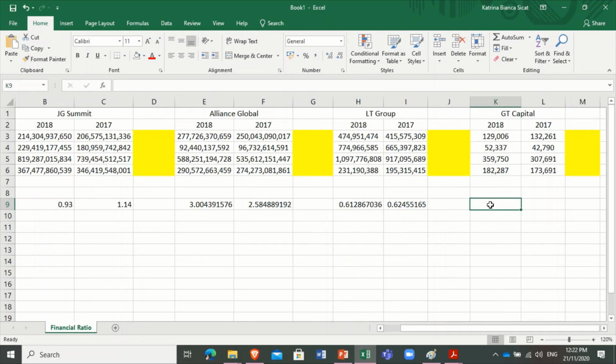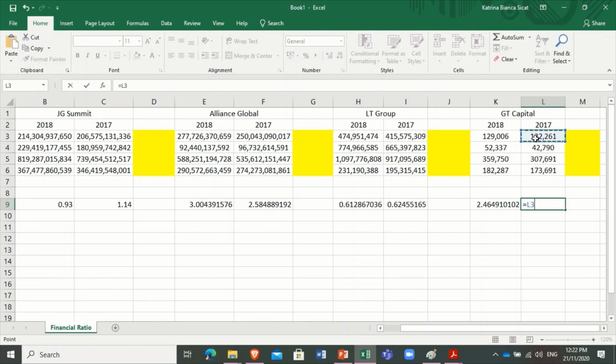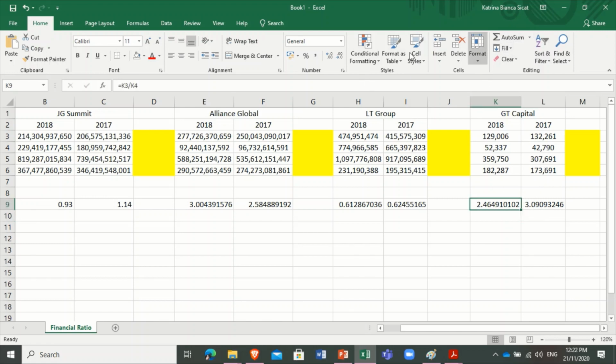Next, we have GT Capital. Okay, as you can see, no, mas maliit yung value nito kasi they have, this is in millions. Okay, it's not in thousand, it's in millions. They just simplified their financial reports para mas madaling mabasa ng mga investors. Okay, so let's make a quick comparison lang, ano?